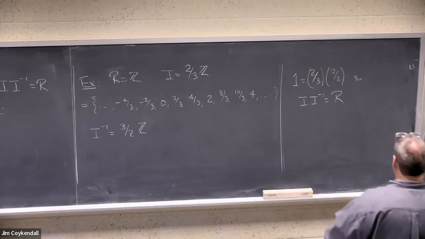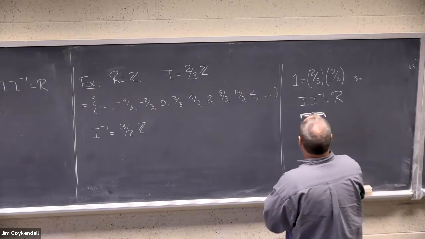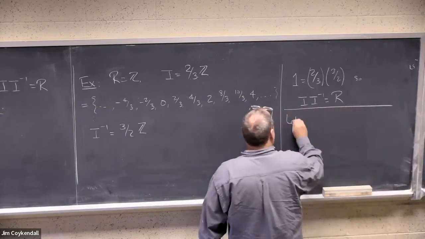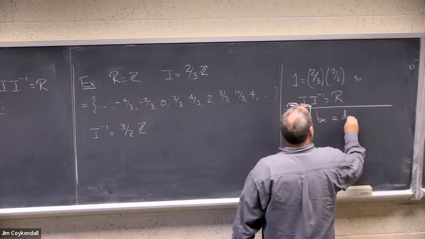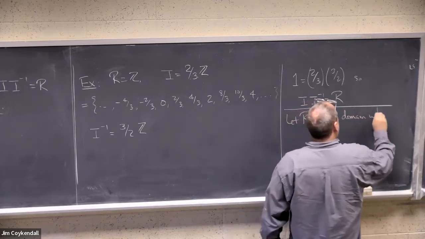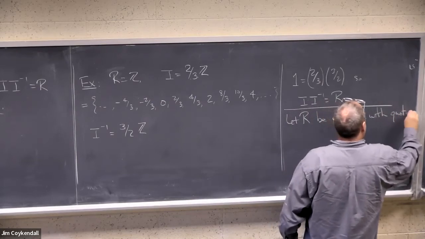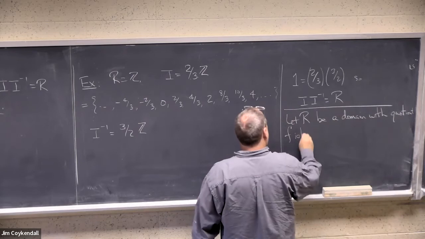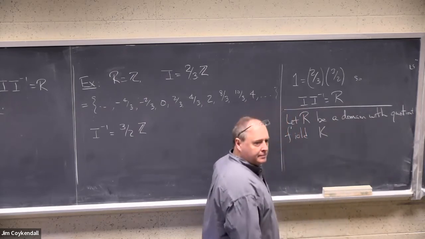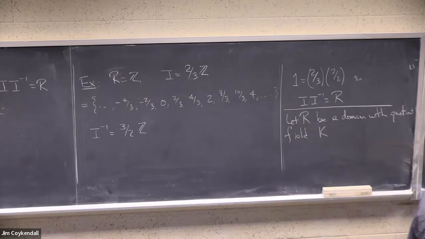So let me be bold and generalize this to a domain, with quotient field. Here's what I'm asking: can anybody give me a large class of ideals that are always going to be invertible? Look at this example and see if you can derive any principles from it.